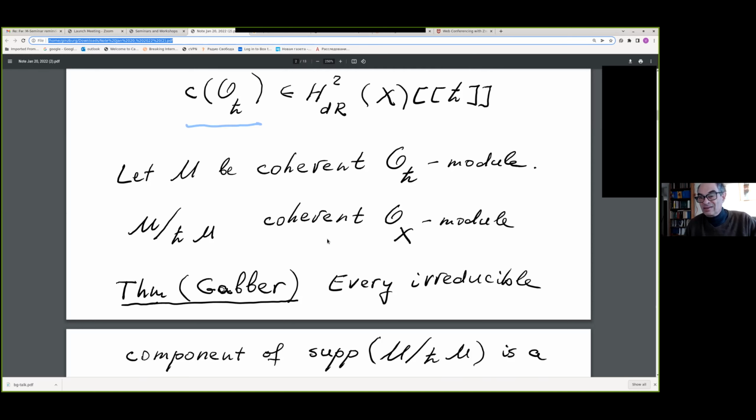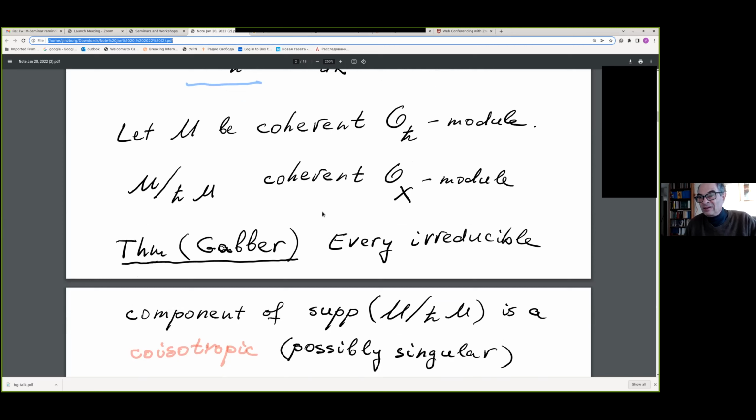If I have an object over the quantized algebra, I get an object over the classical commutative algebra by dividing by h bar. This is the classical original object that I'm quantizing. So when I divide M by h bar, I get just a usual coherent sheaf on X.